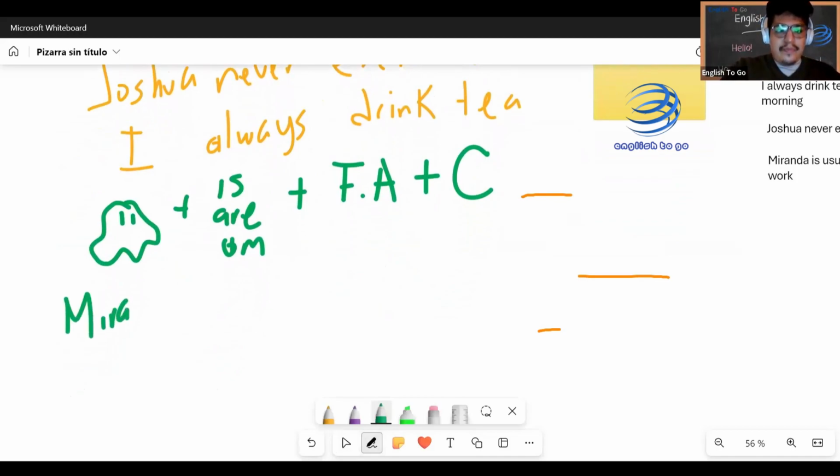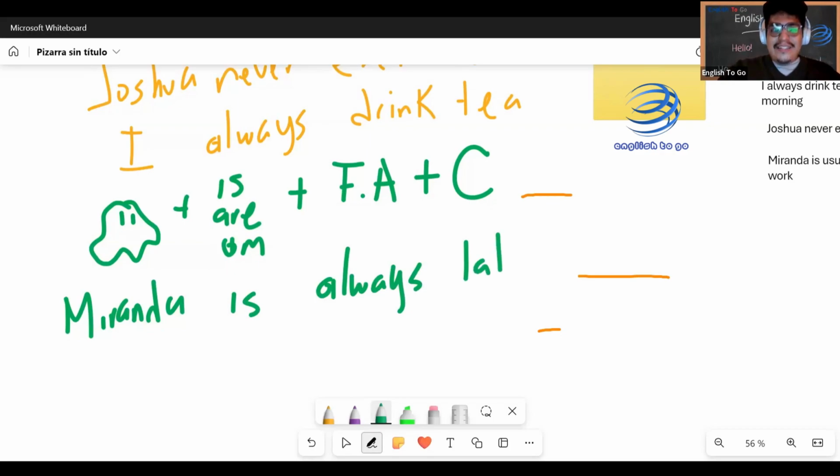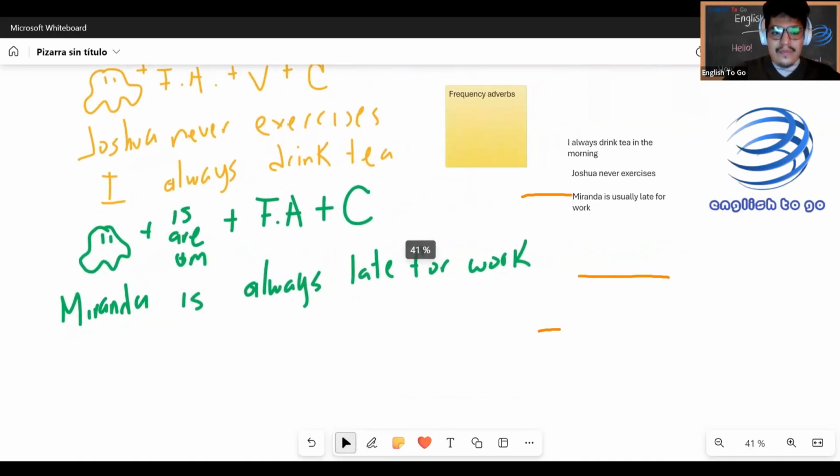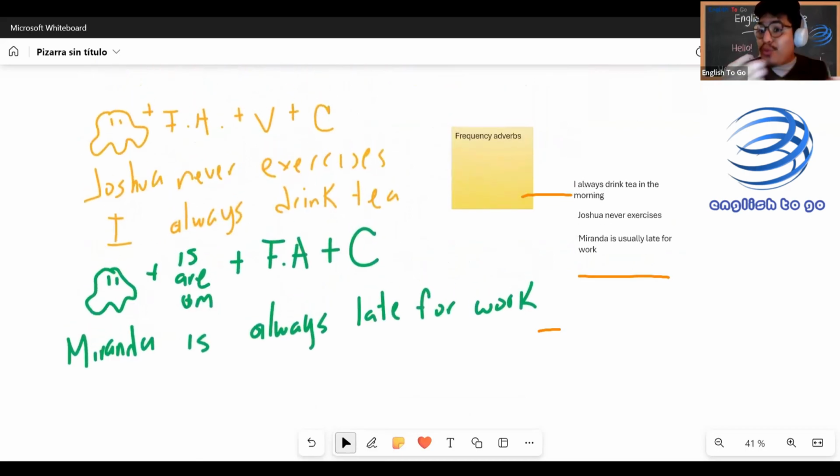Miranda is always late for work. Okay? If you see, the frequency adverb goes after the verb to be, but before regular verbs, okay? Or action verbs.